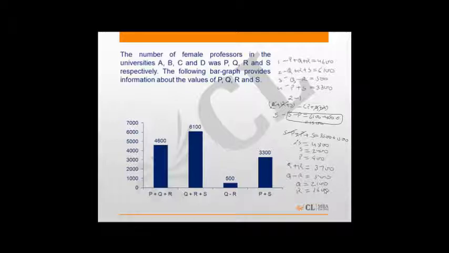Now I'll fill all these values. I know that P, Q, R, and S represent the number of female professors in universities A, B, C, and D respectively. So my table can be partially filled as the value of P is 900, Q is 2100, R is 1600, and S is 2400.